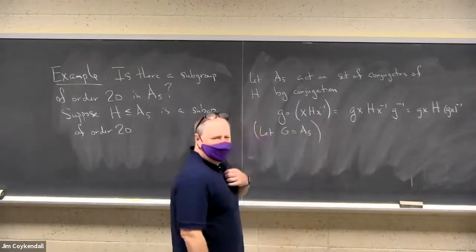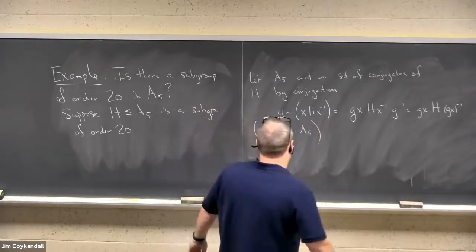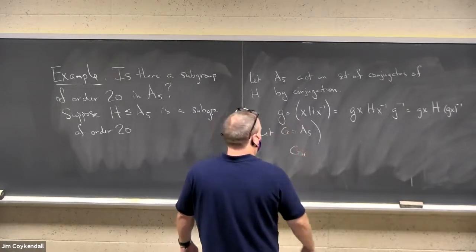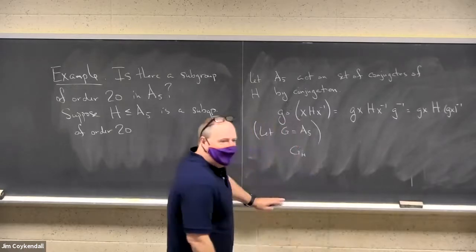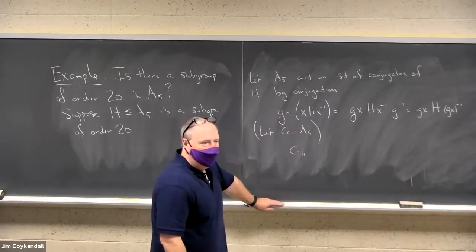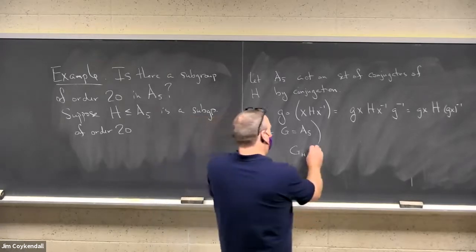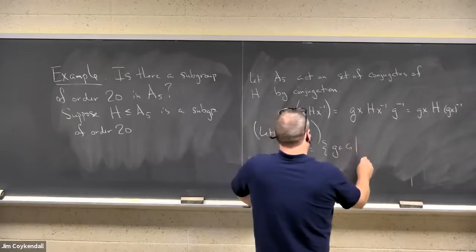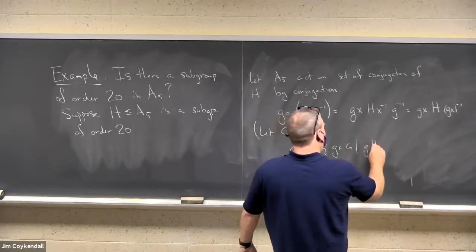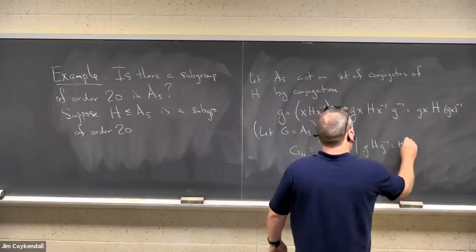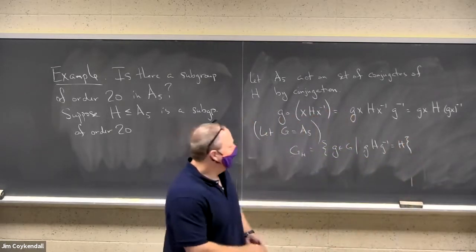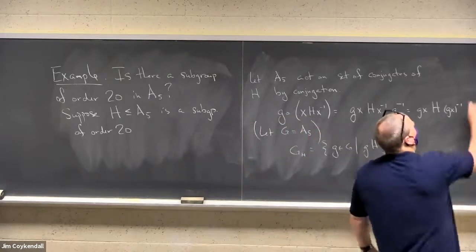My notation: let G equal A5, so that I don't have to use a subscript. What is the stabilizer? This is the set of g in G with g H g inverse equal to H. What are the possibilities for the order of the stabilizer?